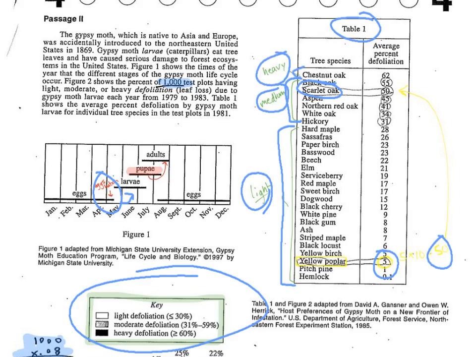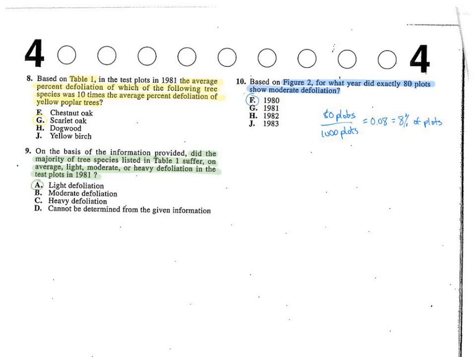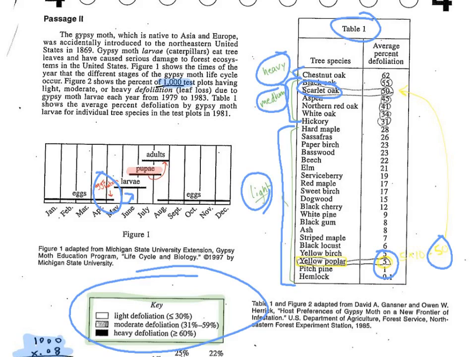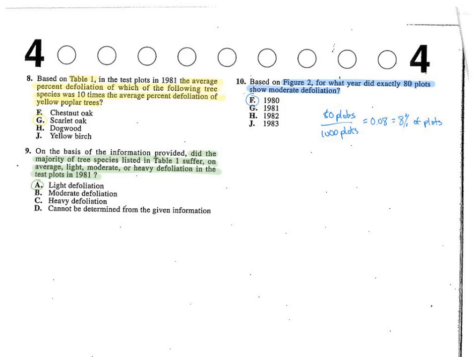Heavy defoliation was chestnut. So most of them had light defoliation. If you look, the vast majority of them had light, a few had medium, and only one tree species had heavy defoliation.